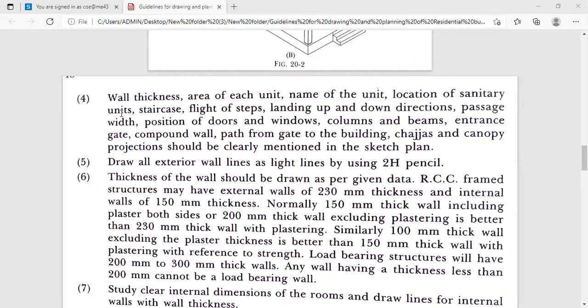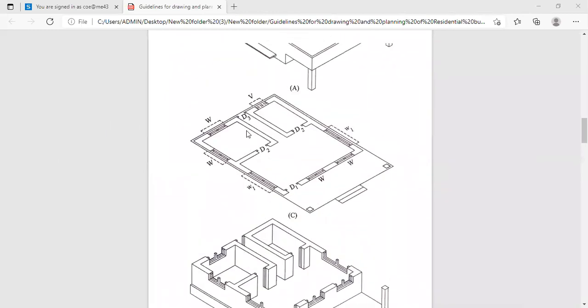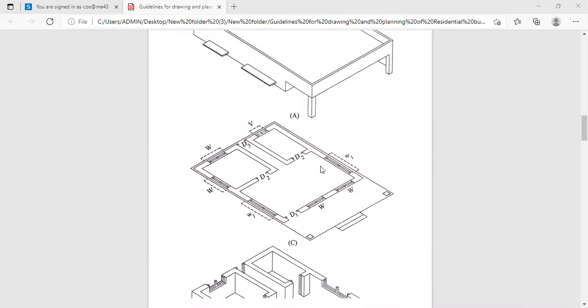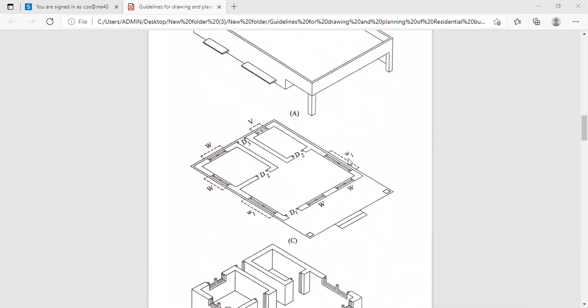Then after that, chajjas and canopy projections should be clearly mentioned in the sketch plan. You can see here whatever chajja projection and canopy projections. Here you can see W1. Here W1 indicates window 1. Here W window, W only, ventilator is there. Why have they mentioned it like that?